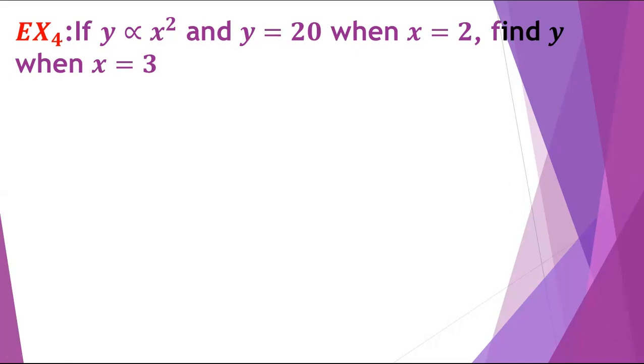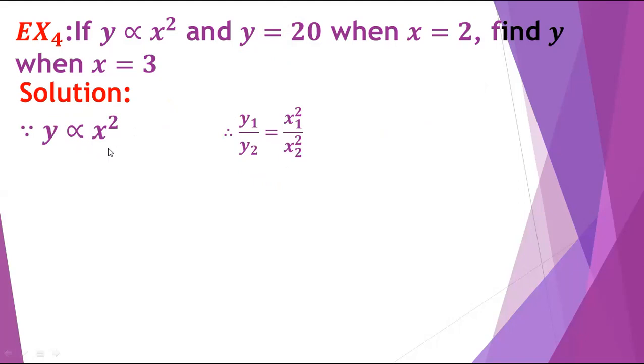Y varies directly as x power 2, then cancel this sign and put equals constant m. Then y equals m x power 2.